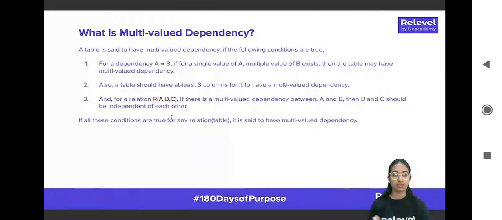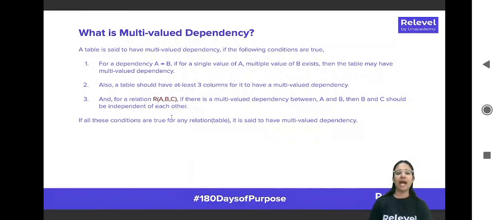Second, a table should have at least 3 columns for it to have multi-valued dependency. It can only exist if at least 3 attributes are there in a table.